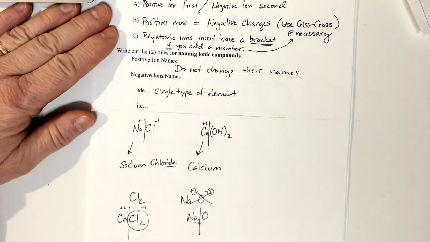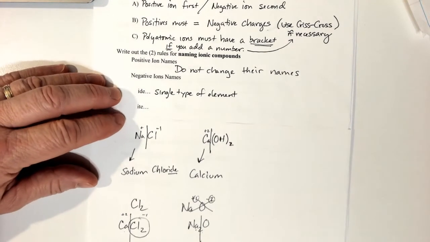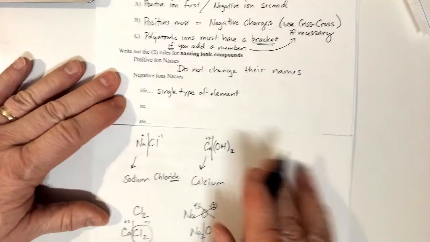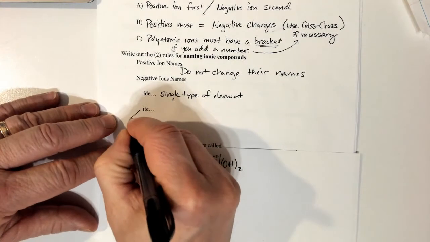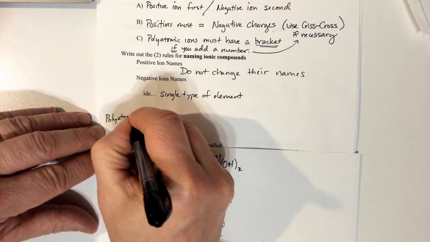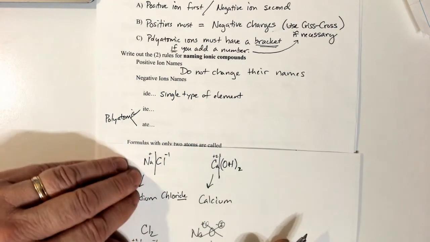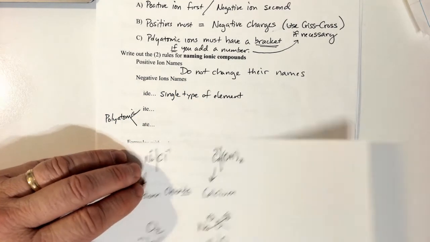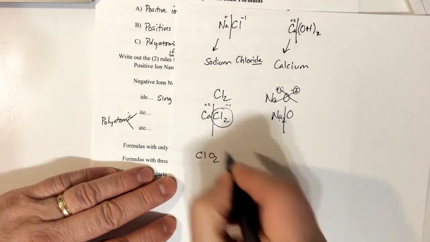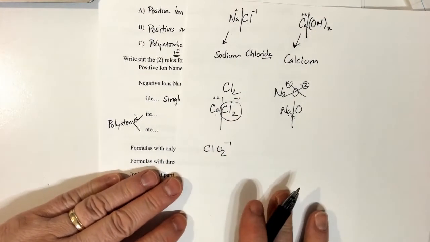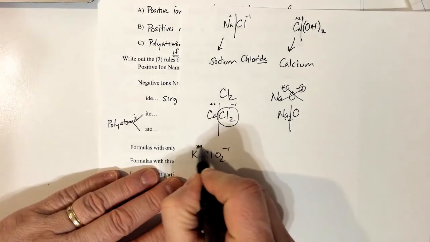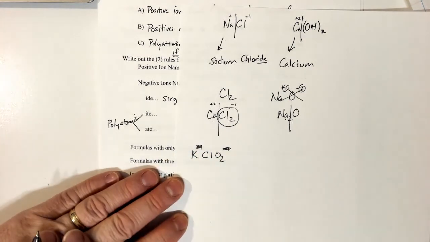Then we have the ite name. Well, it's easier to learn with ite and ate, okay? There are ions that are polyatomic, so these are polyatomic ions. And what that means is they have more than one element. So here, if I took chlorine and I added oxygen to it and it's an ion, and let's say it's attached to potassium, which is +1, so I wouldn't need any added numbers.